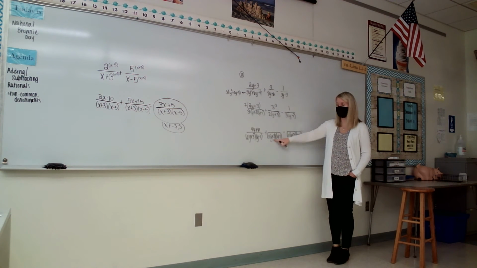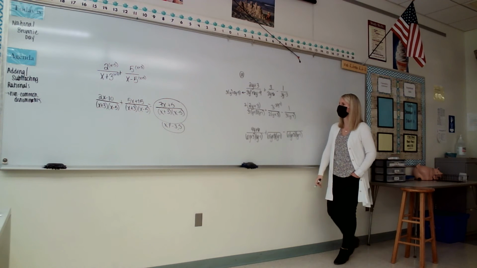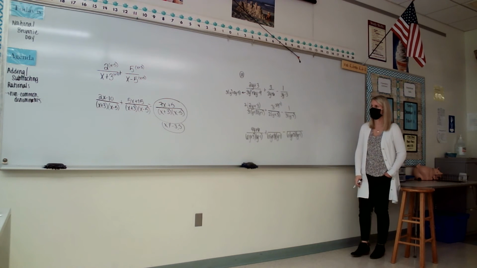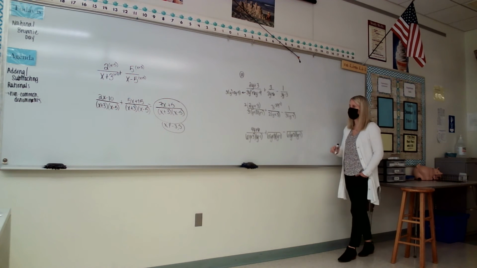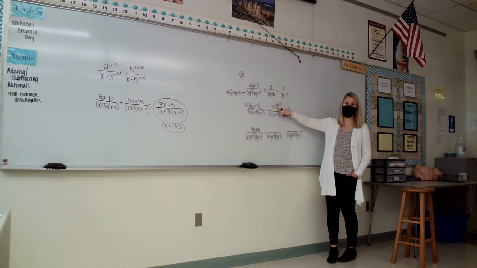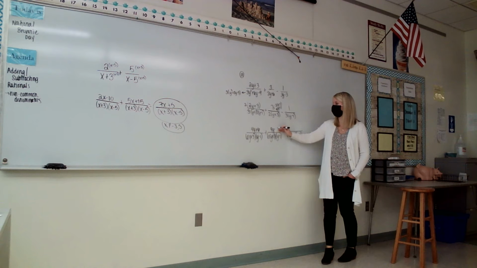And then the y plus 3 is already represented, but the y minus 1 is not. So I also have to multiply by y minus 1. So what I was doing, as I was doing this on my worksheet before, I did 3 times 3, which was 9. And then I distributed that in. So that would give me 9y minus 9.